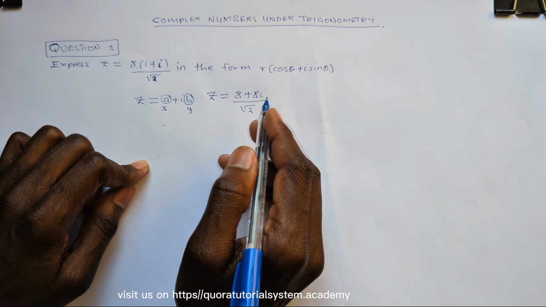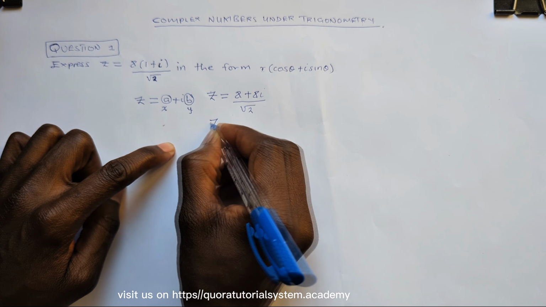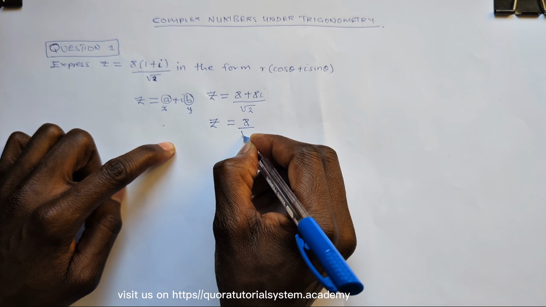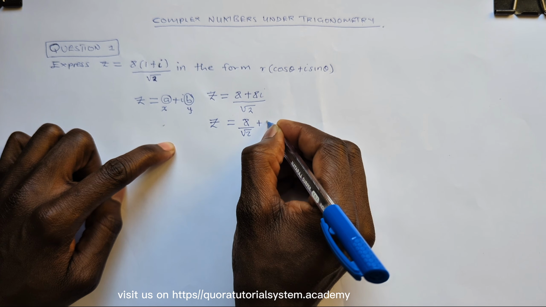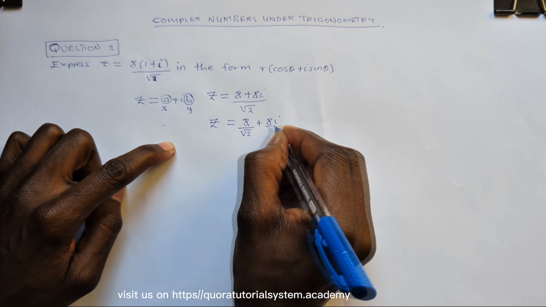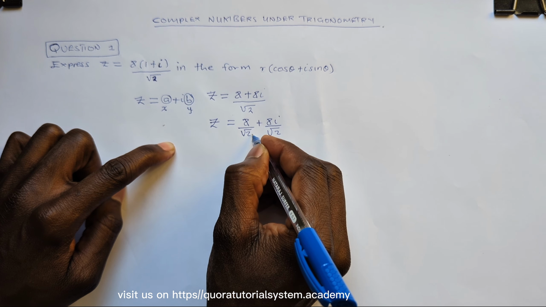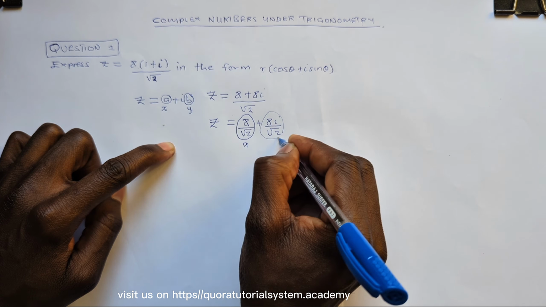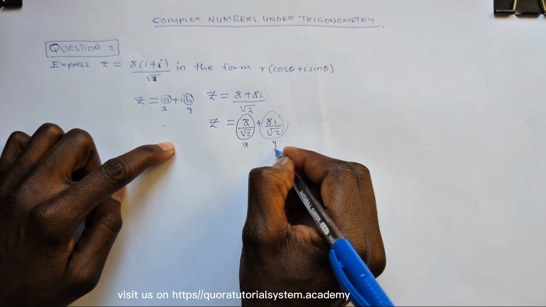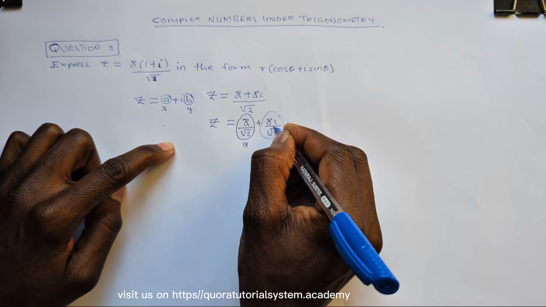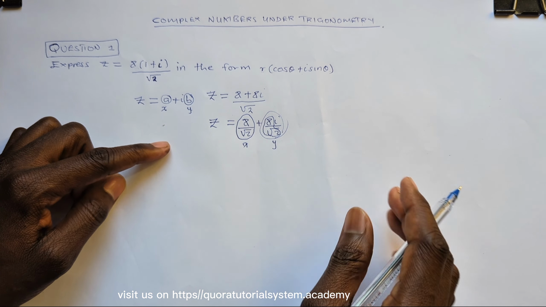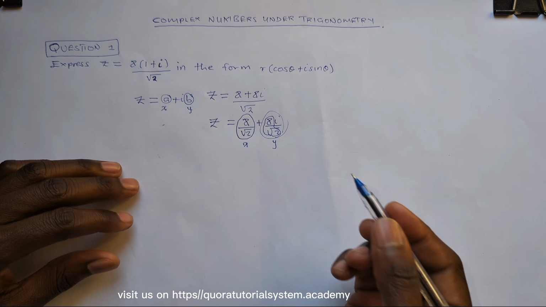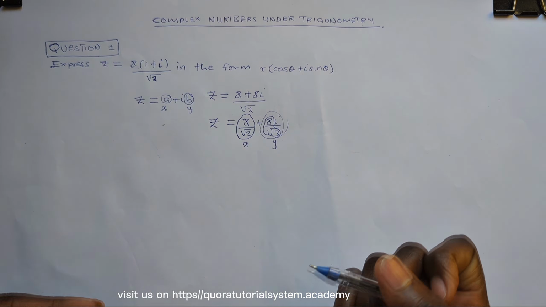Even this z is going to have two parts. So we can separate the numerator in reference to the denominator, 8 over square root of 2 plus 8i over square root of 2, which means this is an x and this part is going to represent y. So y, in short, has to be the part which is here, not together with the i. So how do you get r and how do you get the angle theta?